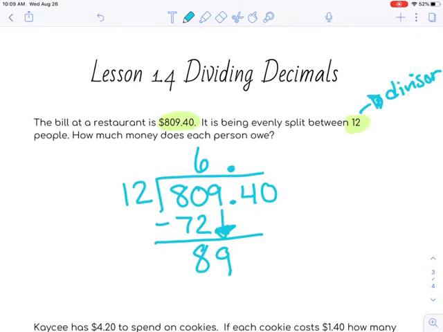So now I have, how many times can 12 go into 89? So 12 can go into 89 7 times. 12 times 7 is 84, so I'm going to subtract 84 here. I'm going to have 5 left over, and now I'm going to bring down this 4.